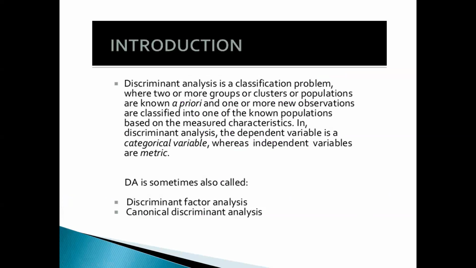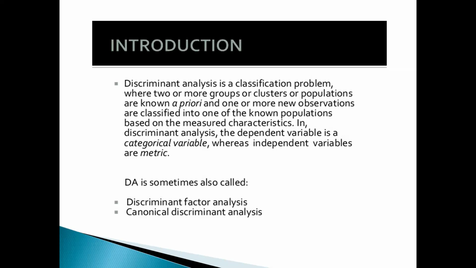It's a classification problem, as we discussed, where two or more groups, clusters or populations are known in advance, and one or more new observations are classified into one of the known populations through the discriminant function, which we create based on the measured characteristics.